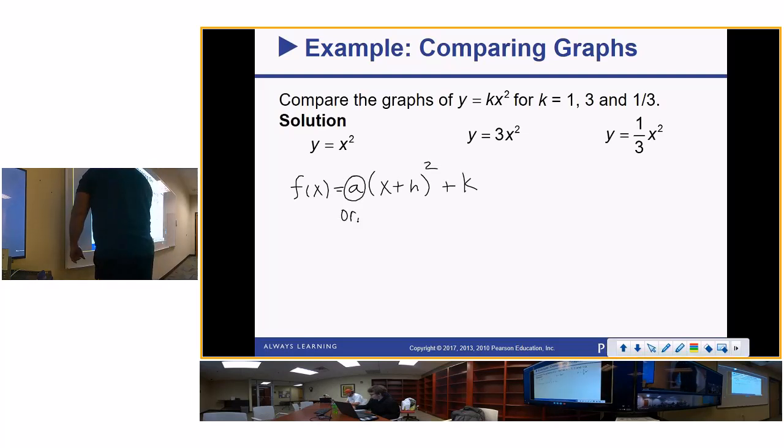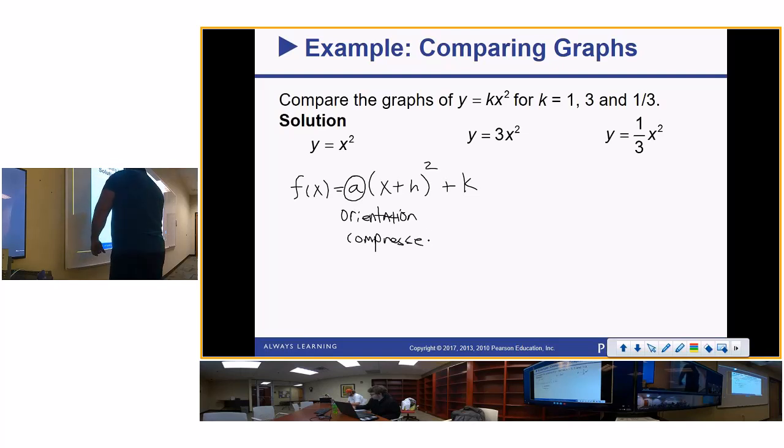It tells you orientation. If it is compressed along one axis, that means it's stretched on the other axis. We talked about this, right? And then if it's negative, that means it's going in the opposite direction.